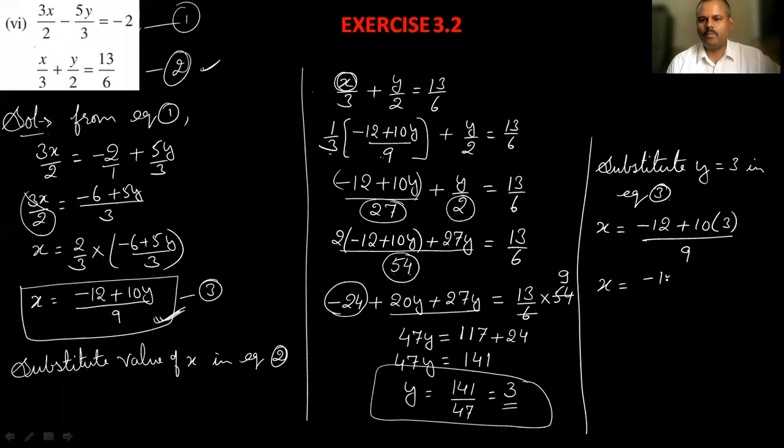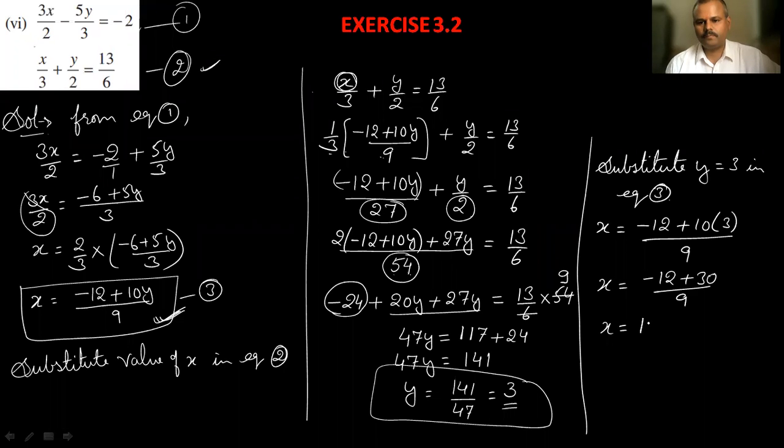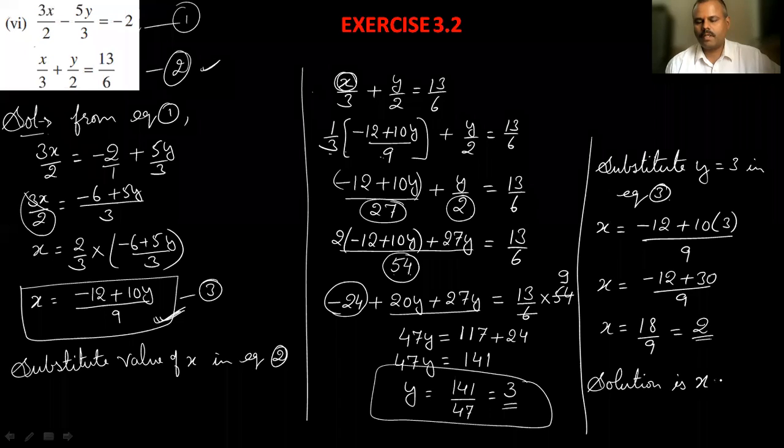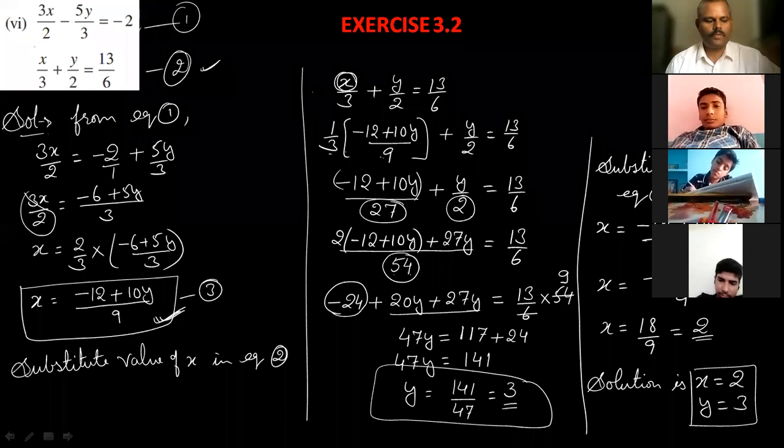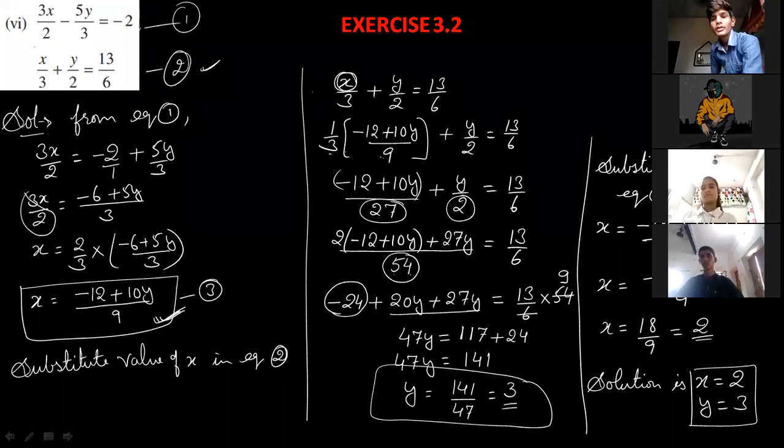So x equals (minus 12 plus 30) upon 9. And you have x equals, now 30 minus 12, 18 upon 9, which gives you 2. So your solution is x equals 2, y equals 3. This is your solution.